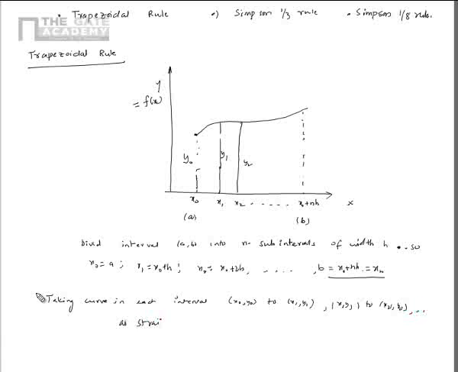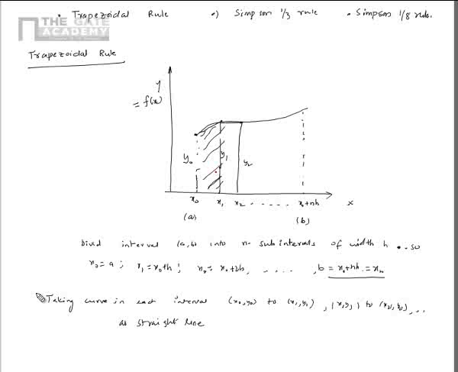So in each subinterval, if you assume that the curve is a straight line, then the area under this basically becomes a trapezoid.